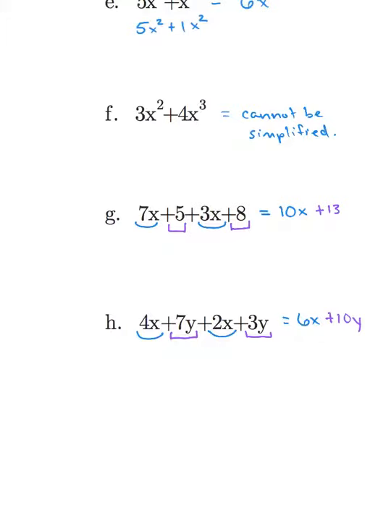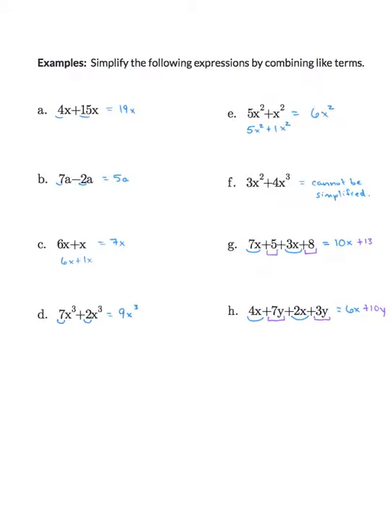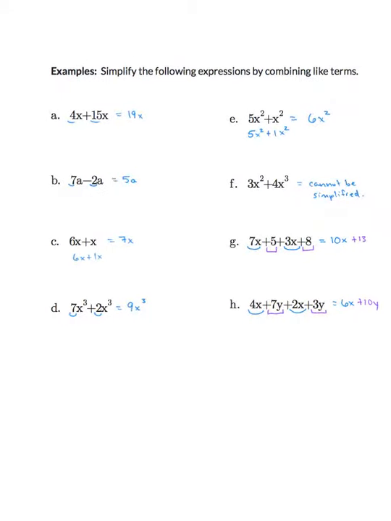We leave our answer like this because x's and y's are not like variables. They are not the same variables, and therefore we cannot combine them since they are not like terms. So there are some basic ones that you can look at.